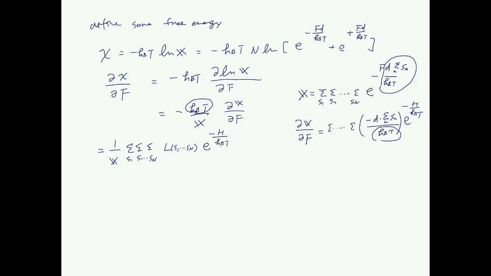So this is nothing but the definition of the expectation value of my total length. For a certain configuration I get the length, and this is the relative probability of that configuration, and then I divide by the normalization of the probability, the partition function. Combining all this, my length expectation value is nothing but the partial derivative of my free energy with respect to f.